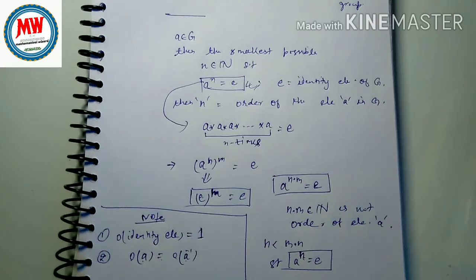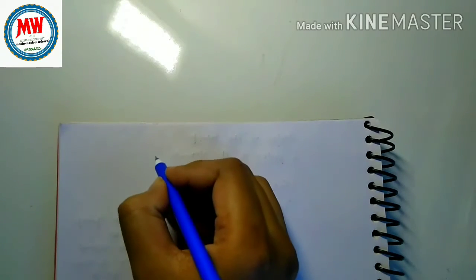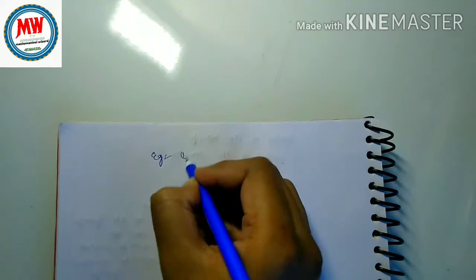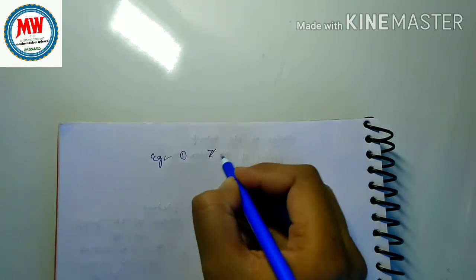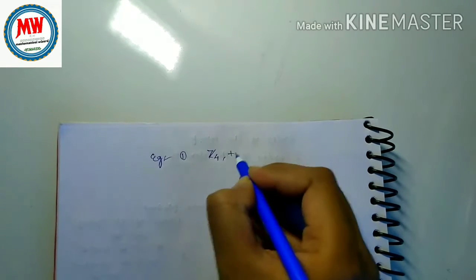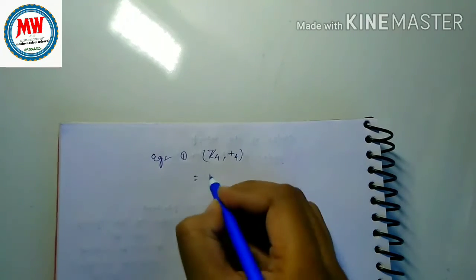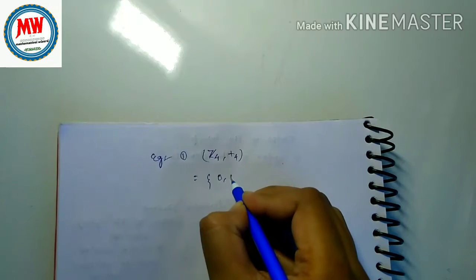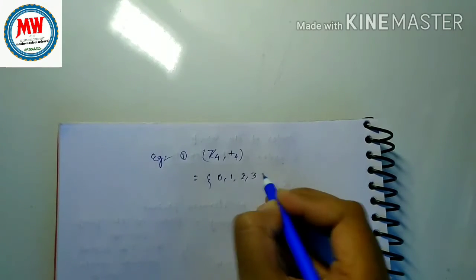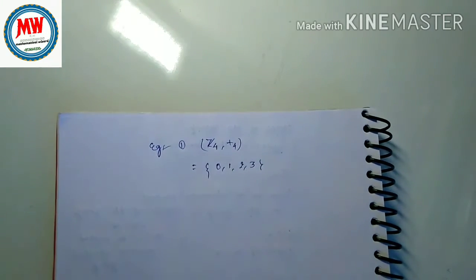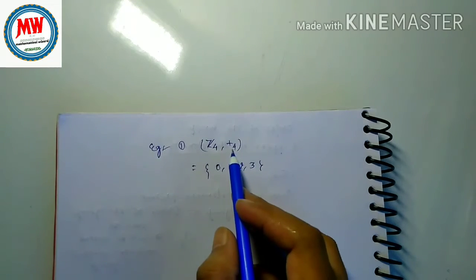Next, we are going to take some examples and a formula for order of the element. Say example number 1, we take the group Z4 with respect to the operation addition modulo 4. Then this will be equal to 0, 1, 2 and 3. So this is the group with respect to addition modulo 4.